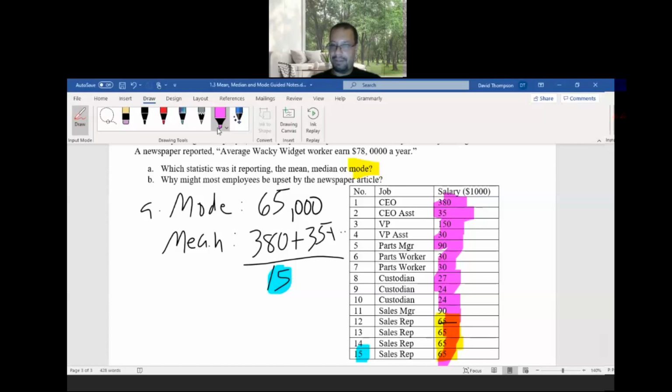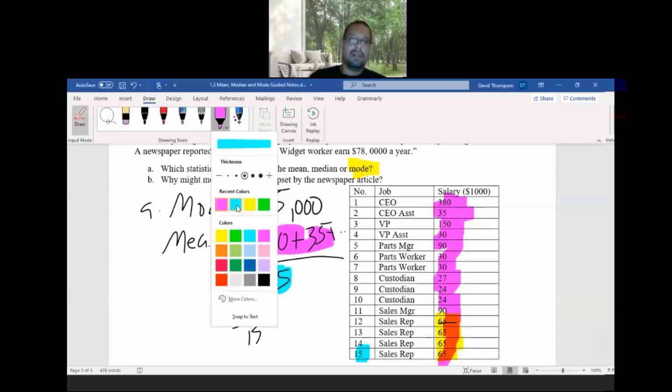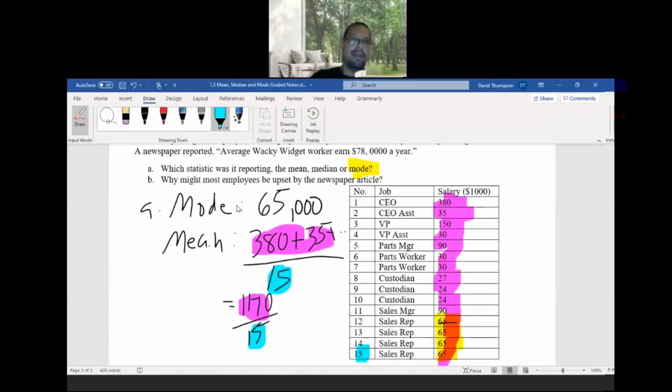And we get 1170 on the top, all that divided by 15. And the last step is just divide. 1170 divided by 15 is 78, so $78,000.